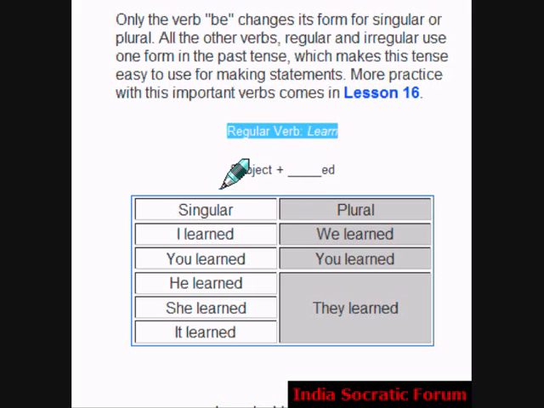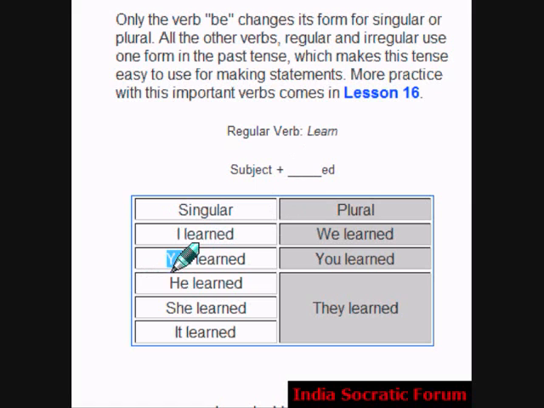Subject plus the verb plus the ed. Let's take the verb learn and try some examples. Singular. Subject is I. Learn is the verb. Past tense is ed. Learned. I is the subject here. Okay. I learned.